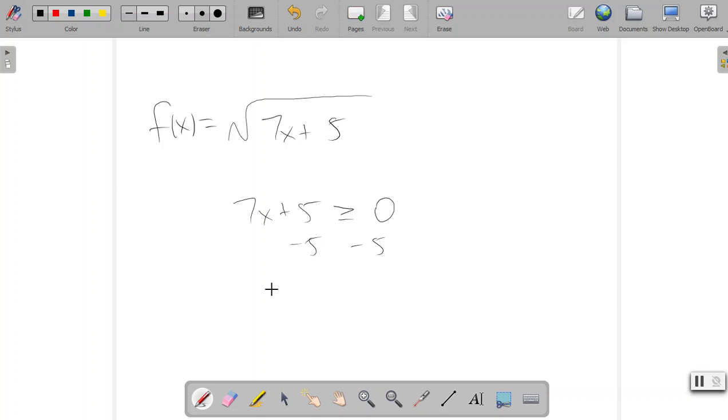So my SAM, simplify, add, so I'm adding a negative 5 to each side. So x is greater than or equal to negative 5/7. So domain is x so that x is greater than or equal to negative 5/7. Easy as that.